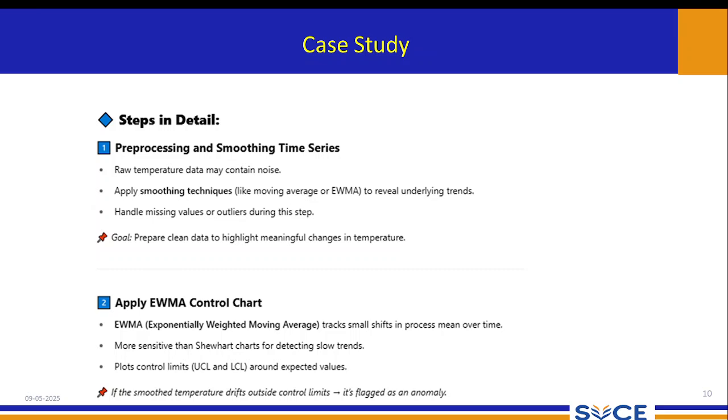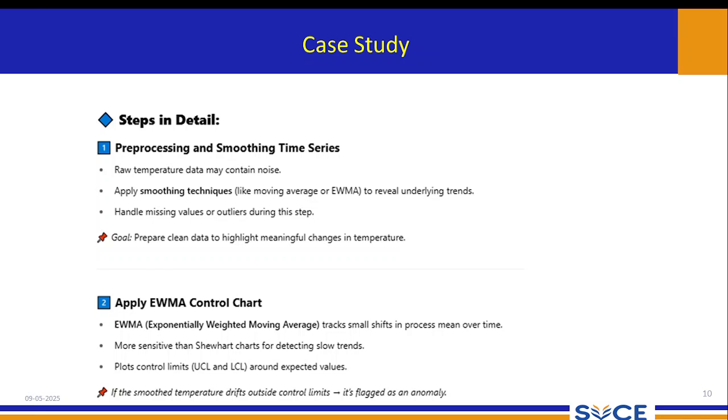So what is the purpose of pre-processing and smoothing time series? Raw data may contain noise, so apply smoothing techniques to reduce the noise and handle missing values or outliers during this step. Next, apply an exponentially weighted moving average control chart. Track small shifts in the process mean over time. It is more sensitive than the Shewhart chart for detecting slow trends.